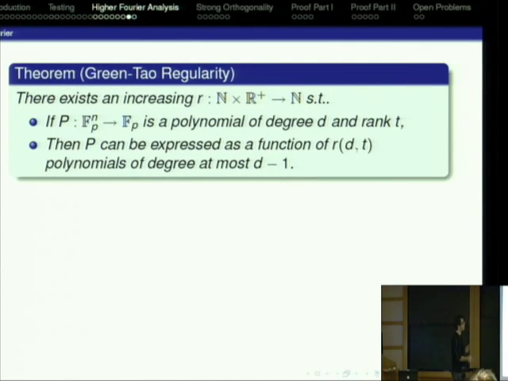That's through the theorem of Green and Tao from a few years ago, which says that there is an increasing function r from R such that if you have a polynomial p which has degree d and some rank t, so if the rank is small, it's some constant t. They didn't use that definition. No, but you can use the same definition.